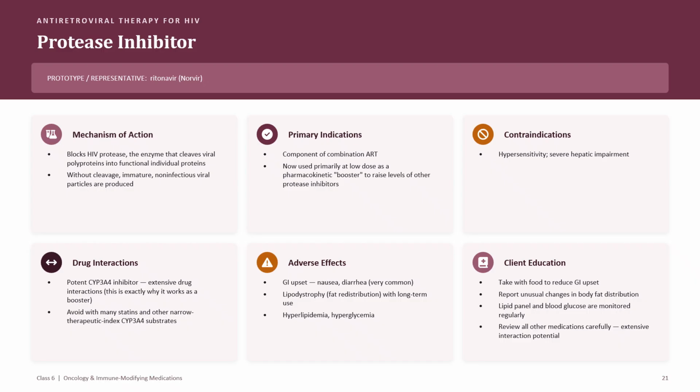So that same CYP3A4 blocking superpower is almost like a double-edged sword. It also means that ritonavir has a large number of drug interactions, and it needs to be avoided with a lot of other narrow margin medications.